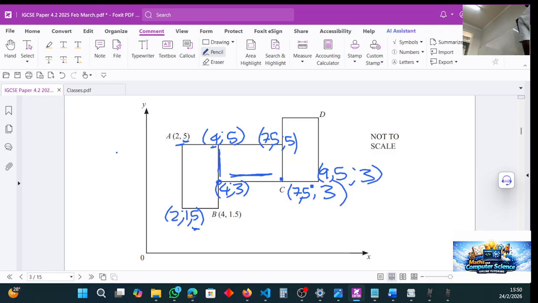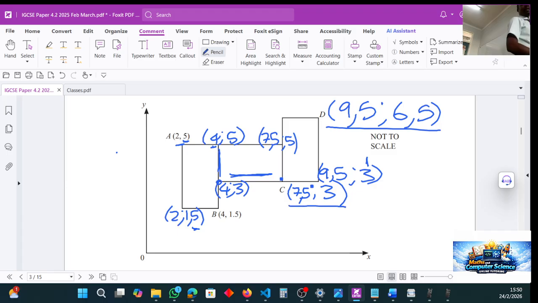Then going upwards this time around is the y, which is changing, and the y changes by 3.5. So if I add it to the y-axis, then these coordinates are going to be 9.5 against 6.5. So I found both coordinates of C and of D.